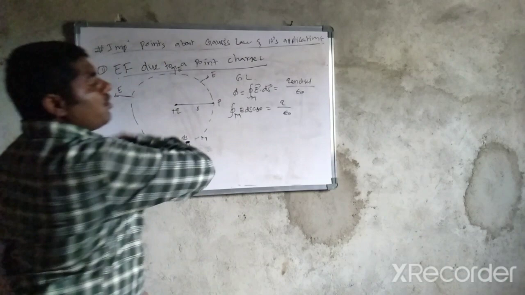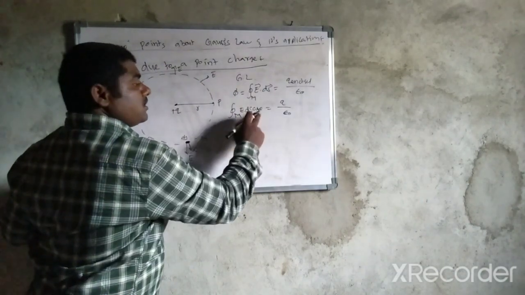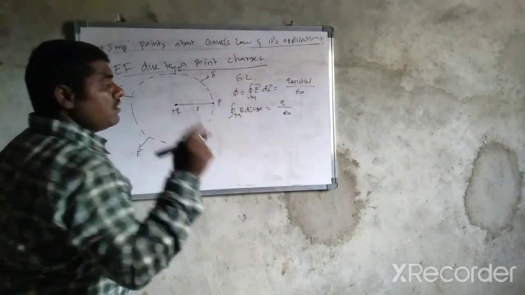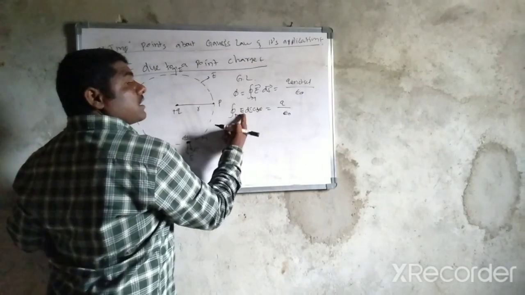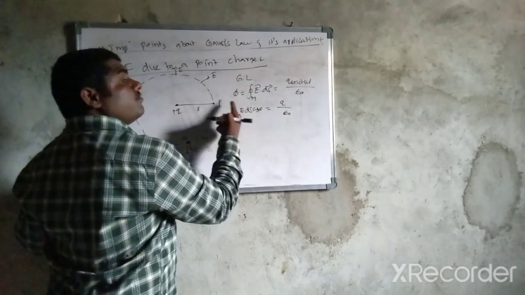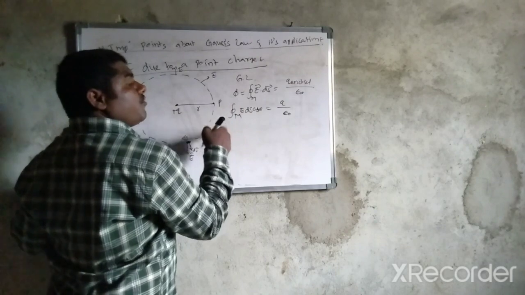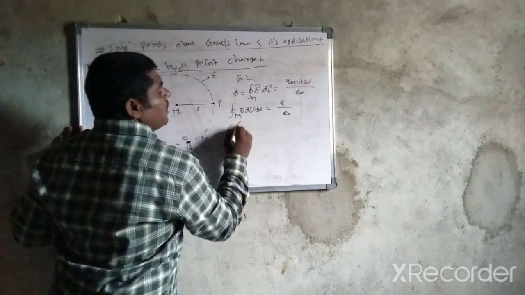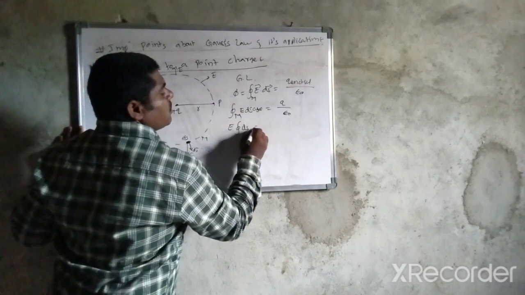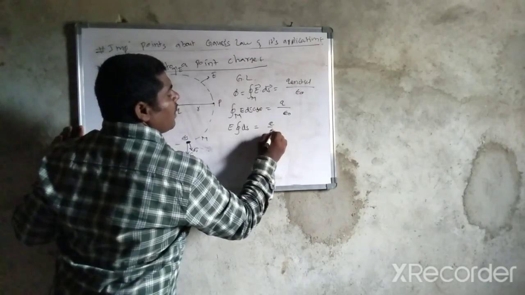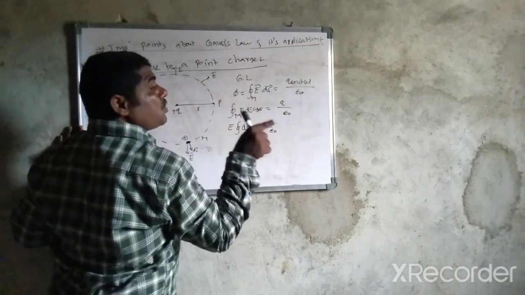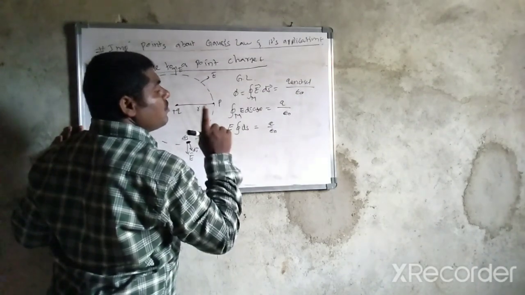The electric field is uniform and the angle is 0, so cos 0 is 1. So the electric field can be taken out of the integral, because it is uniform, and the integral of ds is equal to Q by epsilon naught.